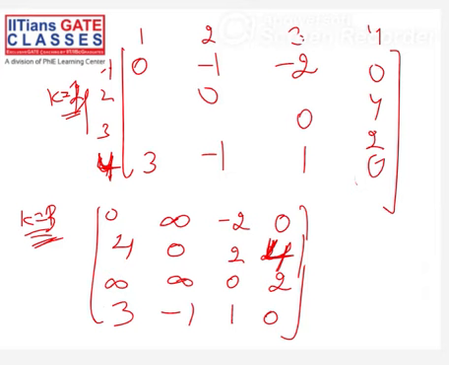2 to 1, 2 to 4, 4 to 1. 2 to 4 is 4 and 4 to 1 is 3. 4 plus 3 is 7. So this will remain 4. Okay.